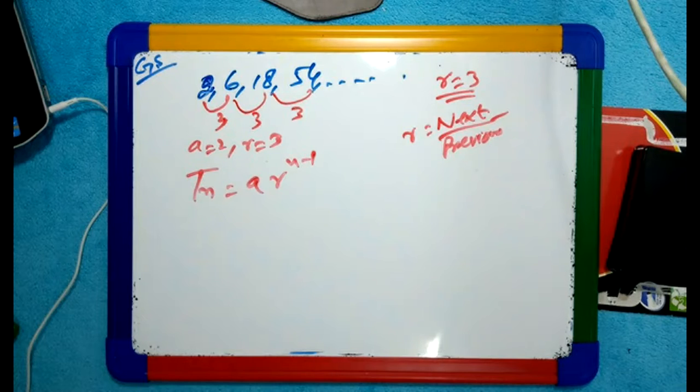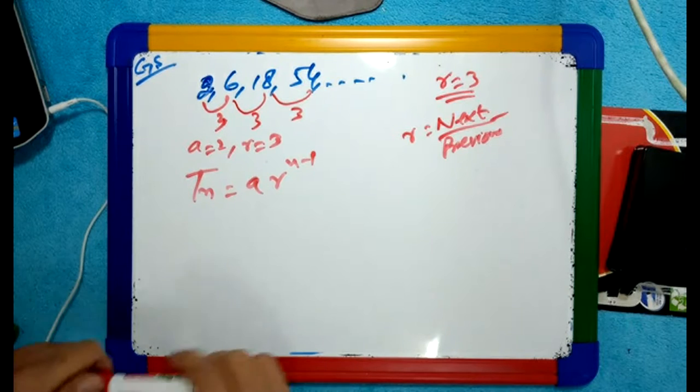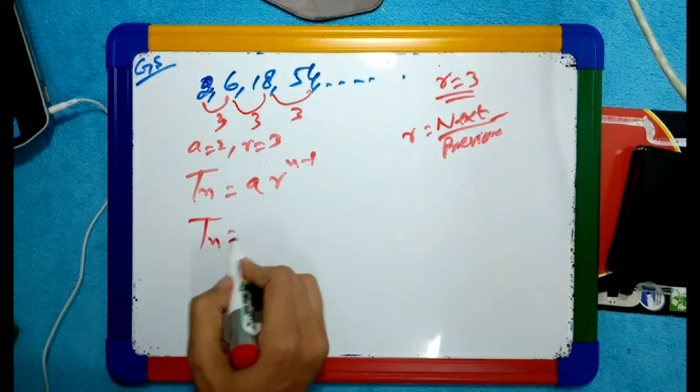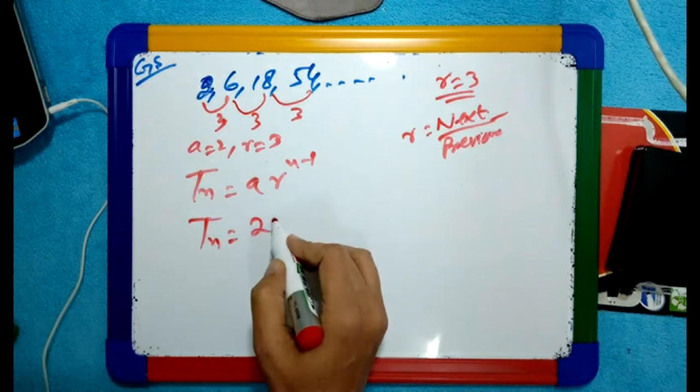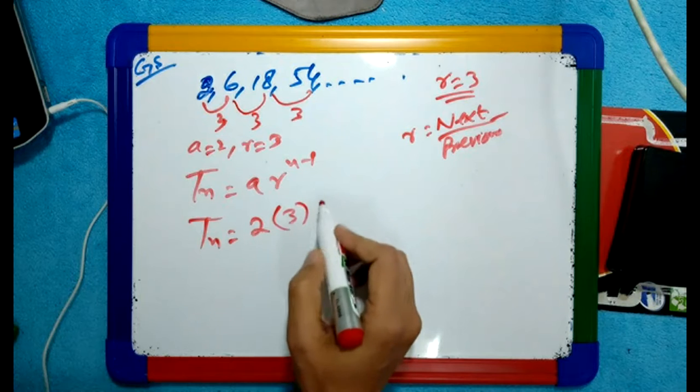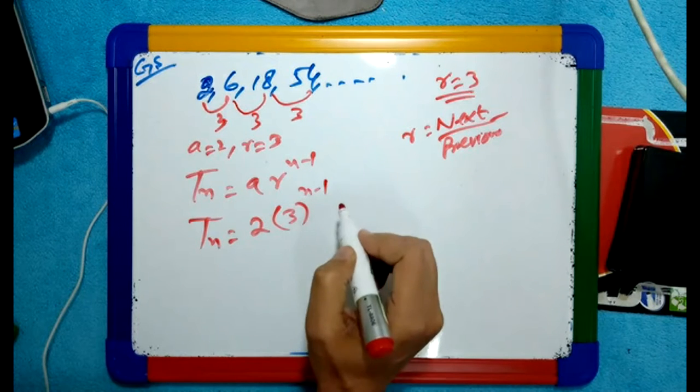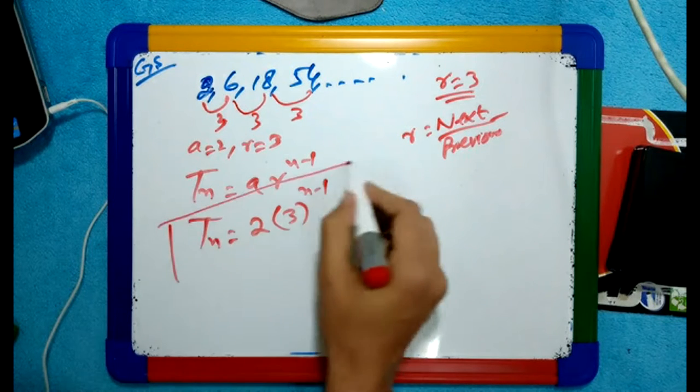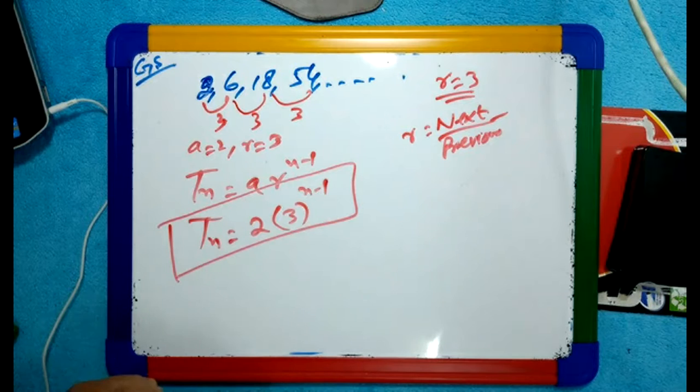Now I will calculate the nth term. A is 2 and R is 3, and n minus 1. This is the general formula. If you want to find the sixth term, put n equal to 6.